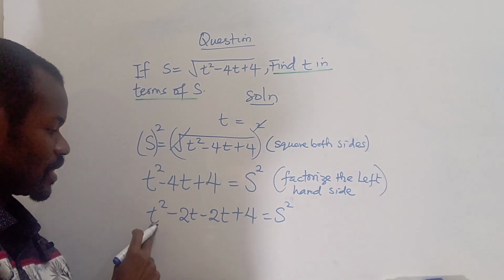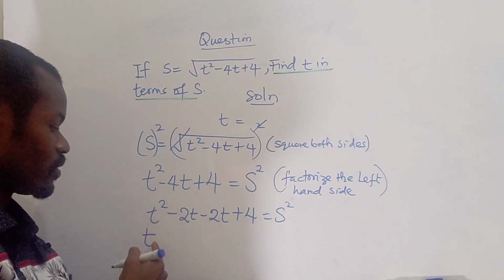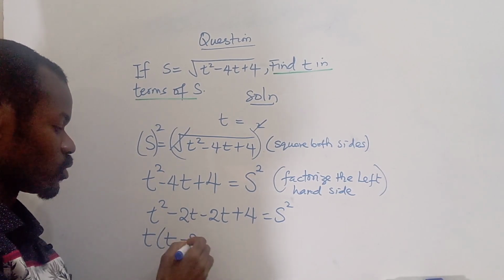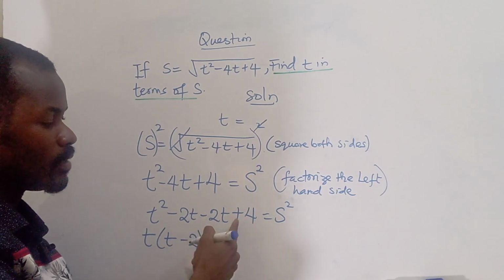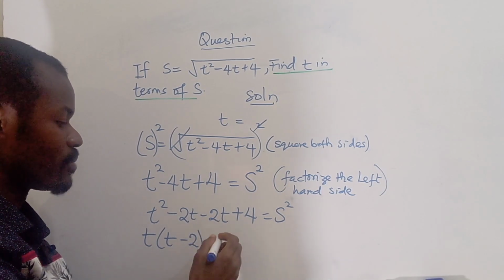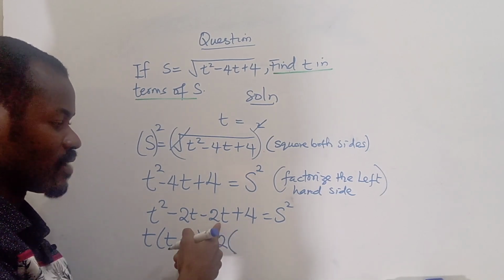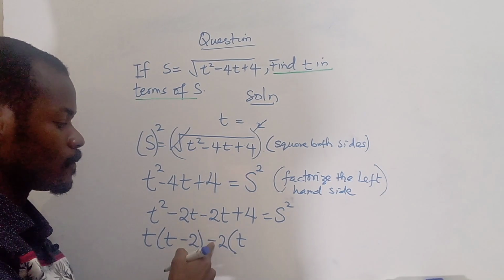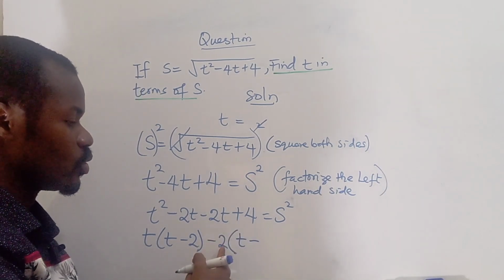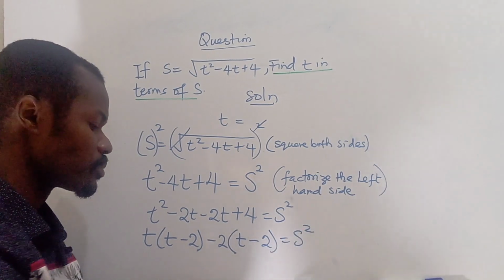Now, t squared minus 2t, what is common? t is common. If we divide this by t, we have t, and dividing by t here, we have minus 2. Now minus 2t plus 4, 2 is common between these two numbers, so I have minus 2. If we factor out 2 here and here, dividing by 2, we have t. This becomes a minus because minus times minus gives a plus, and 4 divided by 2 gives 2. So this is equal to s squared.